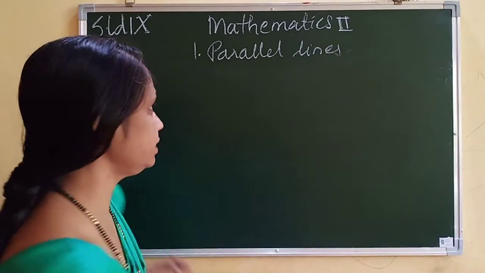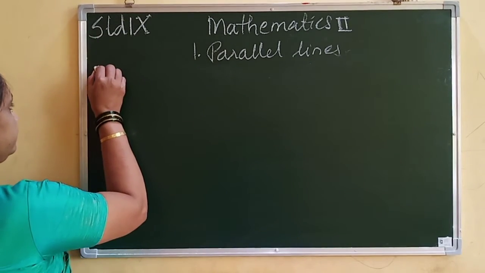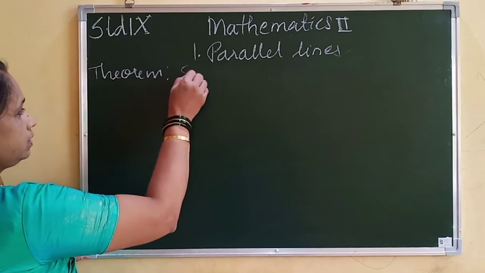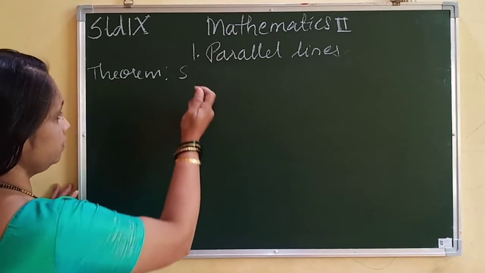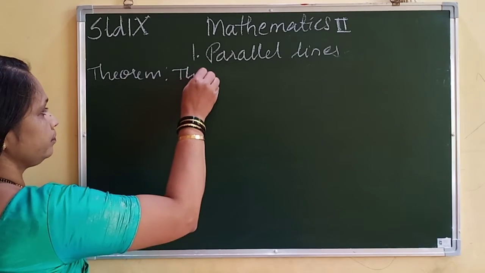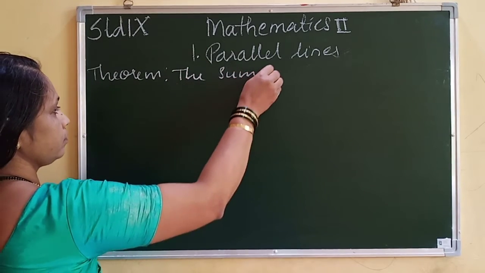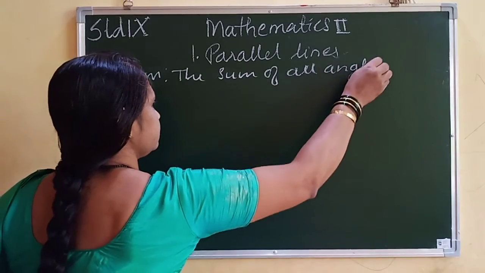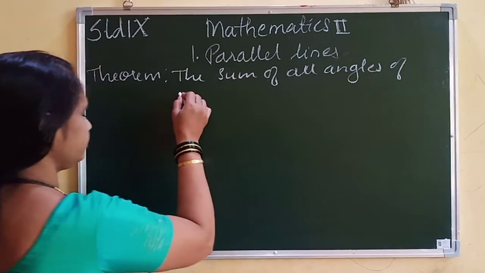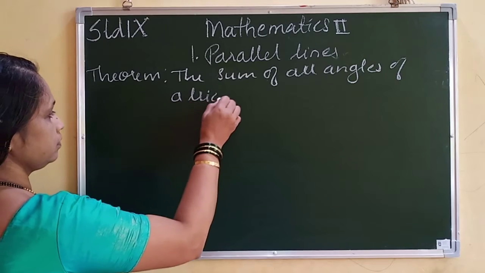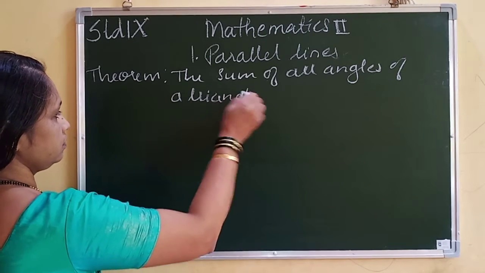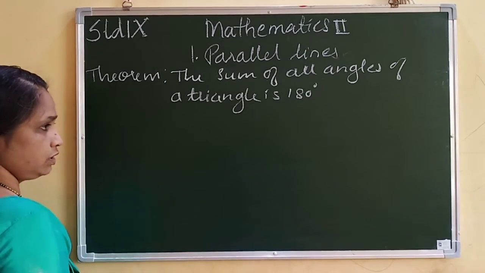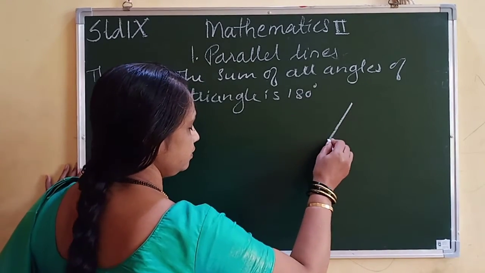So, theorem: the sum of the measures of all angles of a triangle is 180 degrees.